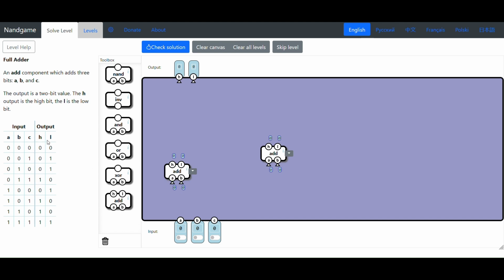And so let's look at the table here. This is 1 when B and C are on, when A and B are on, or when all of them are on. So let's see here. So when A and B are on, the high bit will be high, but also when B and C are on.